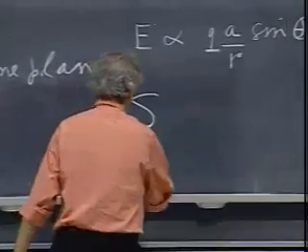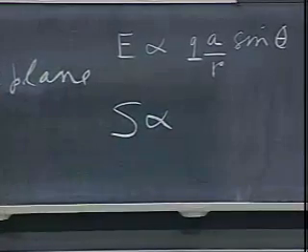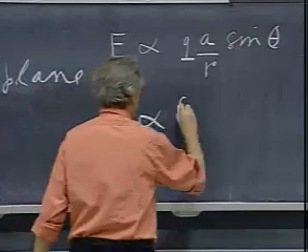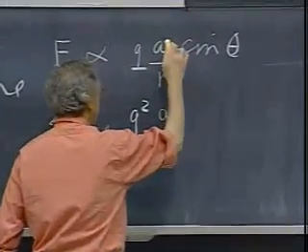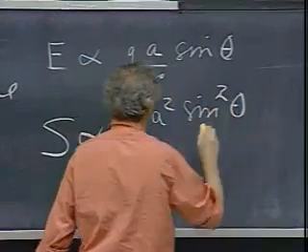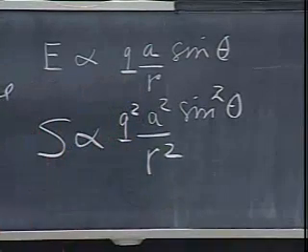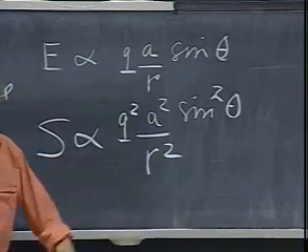And the Poynting vector, which is the product of E and B, but E is always proportional to B. So the Poynting vector then is proportional to Q squared, proportional to A squared, proportional to the sine squared of theta, and inversely proportional to r squared. And it is obvious that it has to be inversely proportional to r squared.